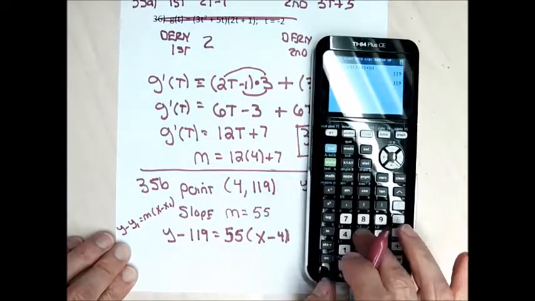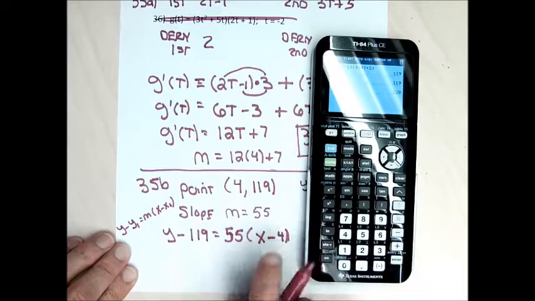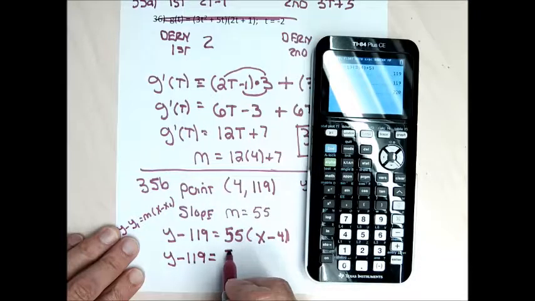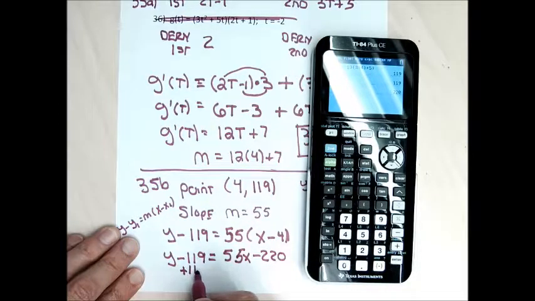I'm going to multiply the 55 times 4 and get 220. So clearing the parentheses on the left-hand side, I multiply 55 times x and get 55x. And then 55 times minus 4, I get minus 220. And I'm going to add 119 to both sides. And that's going to give me y equals 55x.